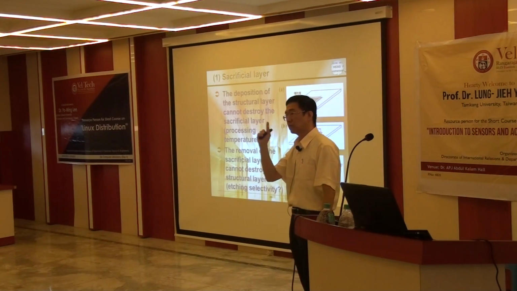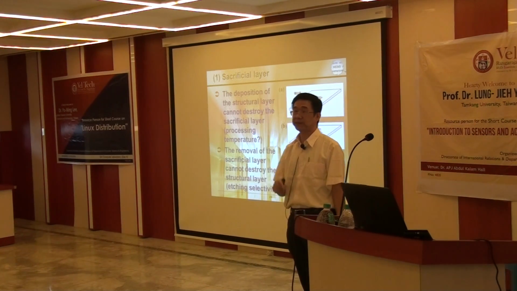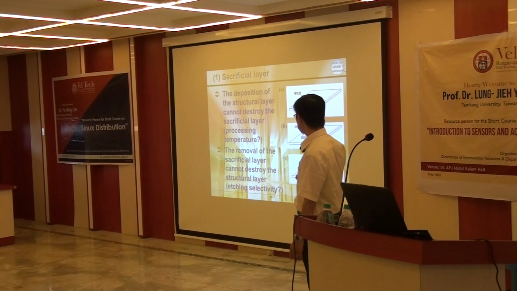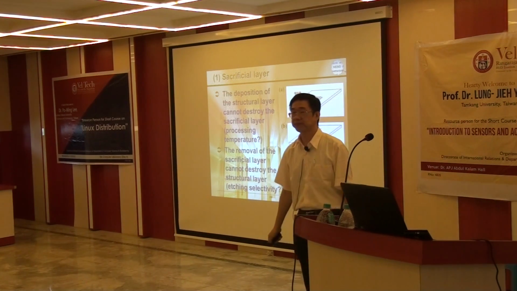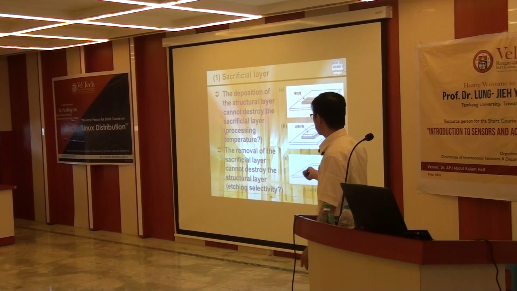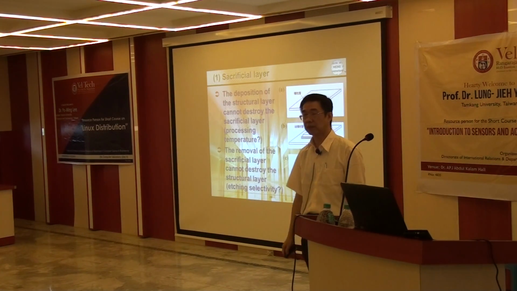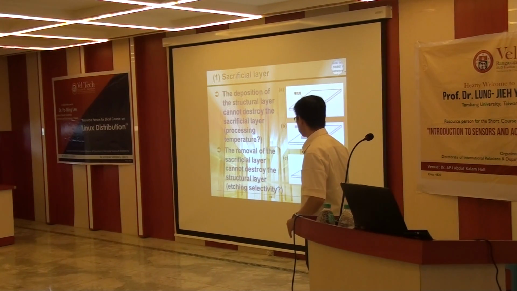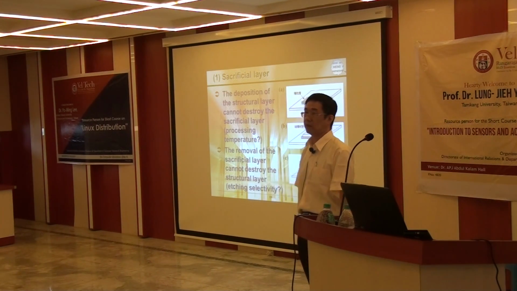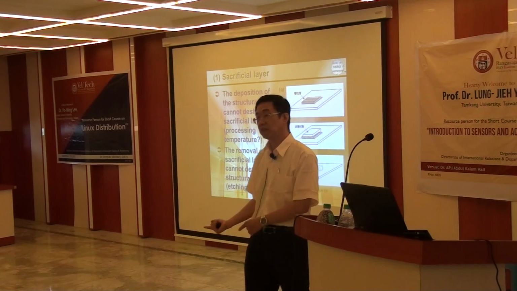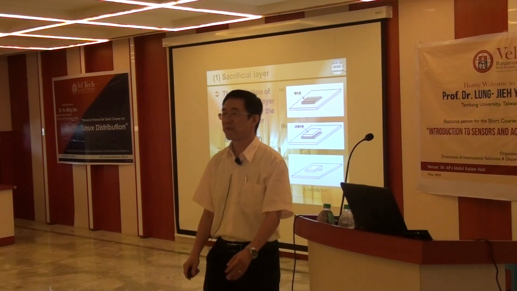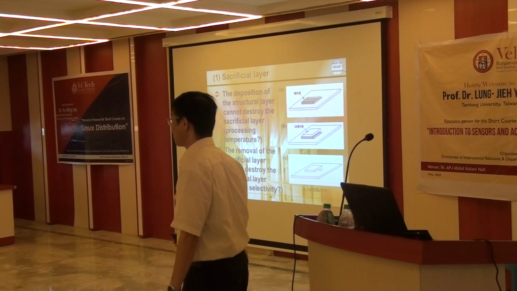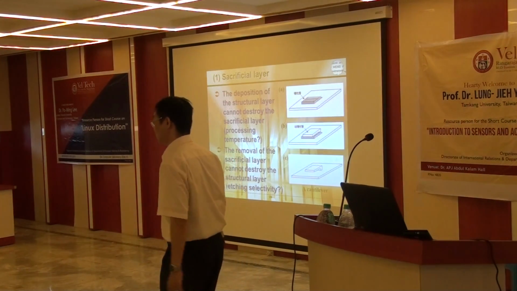So you should find a highly selective etchant solution. So it's an etching selectivity problem. You must solve these two problems, right? The processing temperature problem and the etching selectivity problem. Satisfy both, then your freestanding structure will survive there. So it seems very easy, but actually not so. So that's surface micromachining.